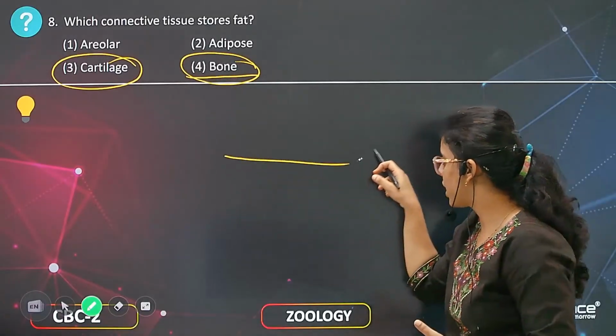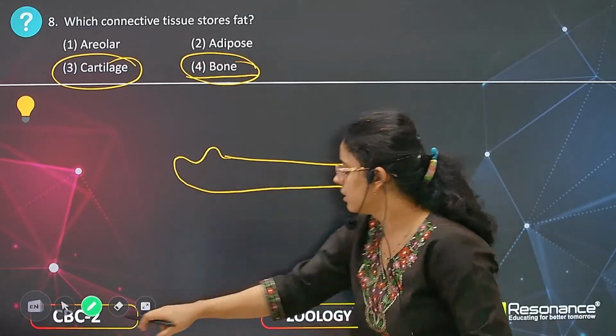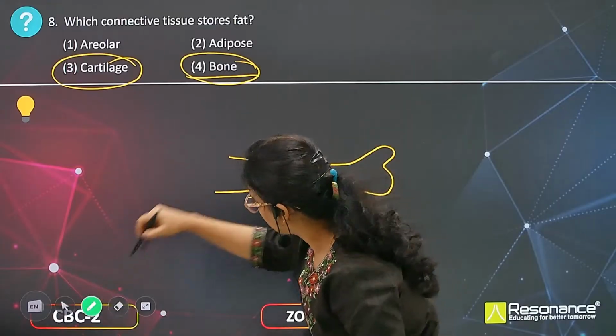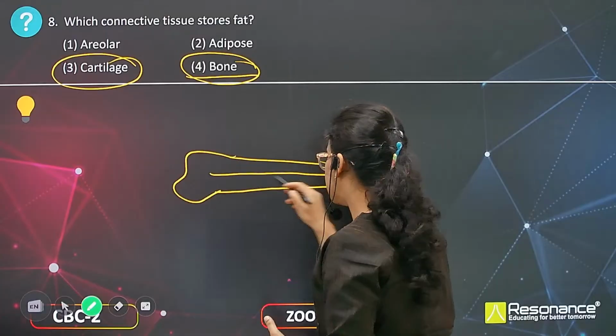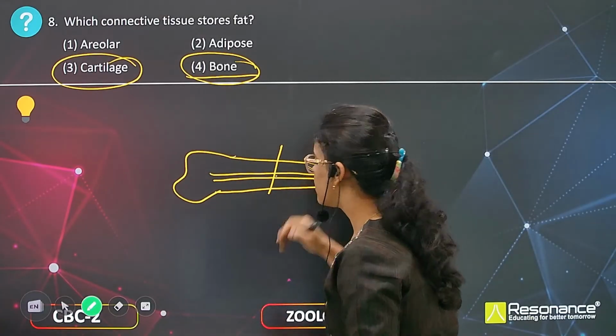Why? If you see the structure of the bone, a marrow cavity is present. This marrow cavity has blood supply.